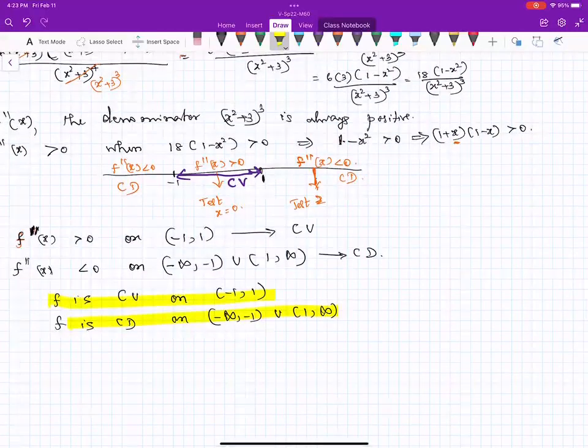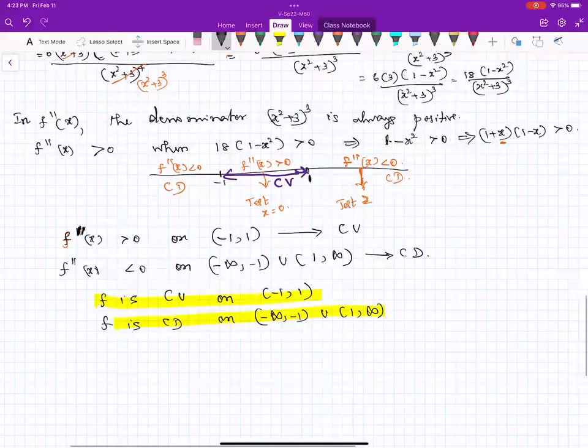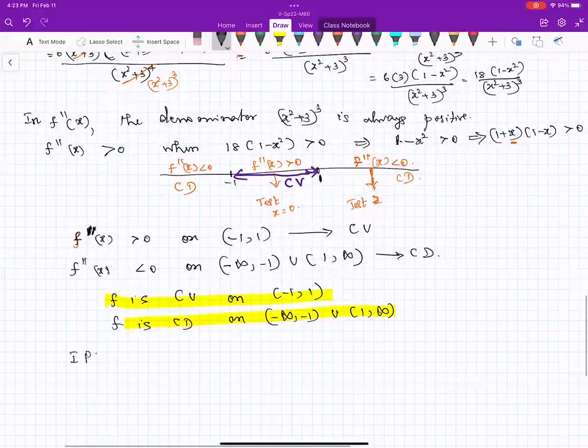Now, wherever the concavity changes is the inflection point. So if you write down the inflection point for the graph, the concavity changes at negative 1 and positive 1. So the x coordinate is plus or minus 1. The y coordinate is f of plus or minus 1. As the function is even, f of plus or minus 1 is going to be the same.